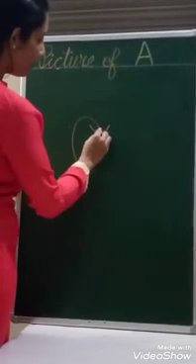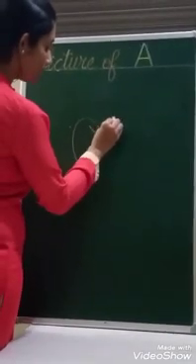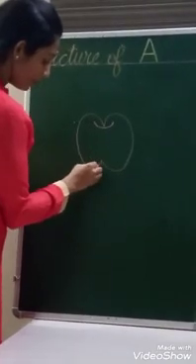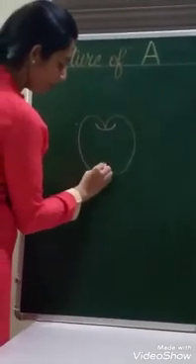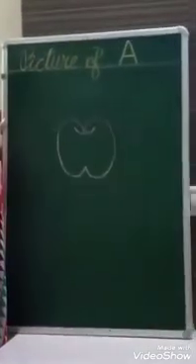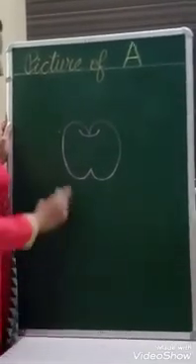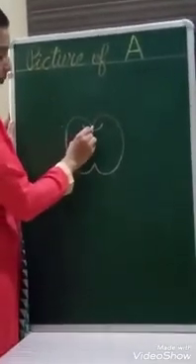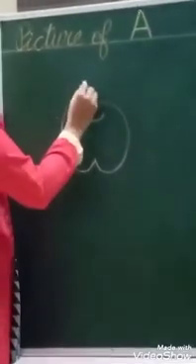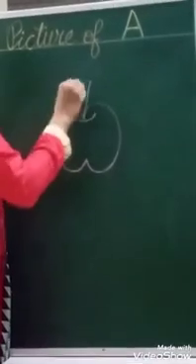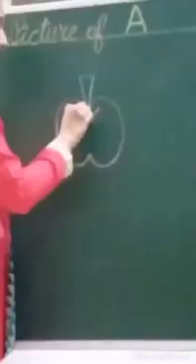Now, again, from its opposite side, we will make one more curve like this. So, like this, we will make two curves. Now, on the top of it, we will draw a triangle like this.